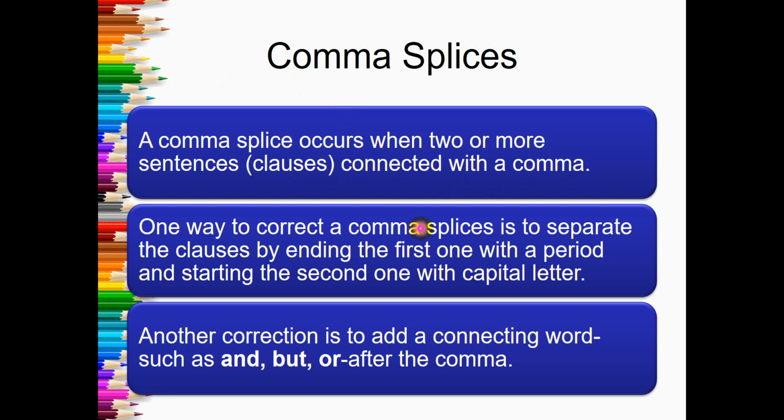To correct a comma splice, separate the clauses: end the first sentence or clause with a period, make it a sentence, and then start the second one with a capital letter, so it becomes a new sentence. Another option is to add a connecting word such as and, but, or. You can use a coordinating conjunction to combine the two clauses or sentences.